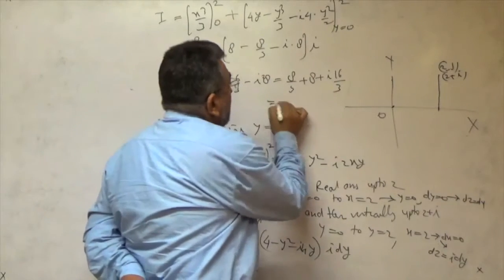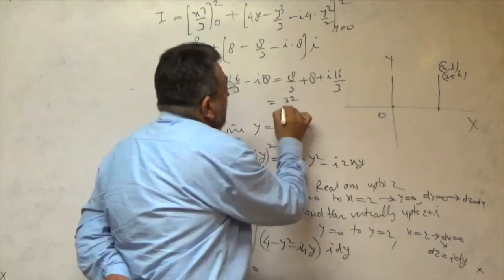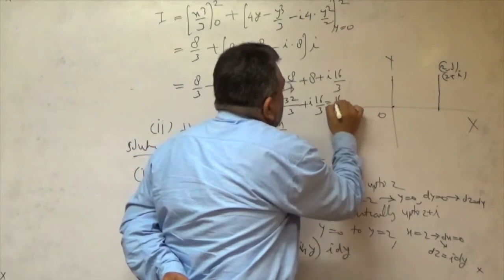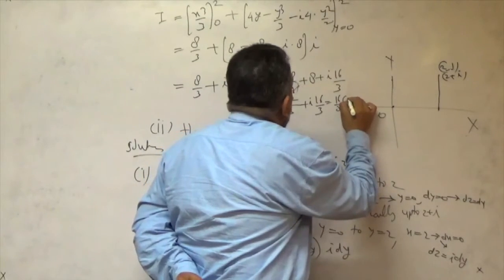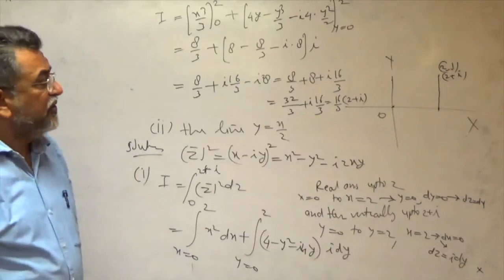This is 32 by 3 plus i times 16 by 3. That is 16 by 3 times 2 plus i. This is the answer of the first part.